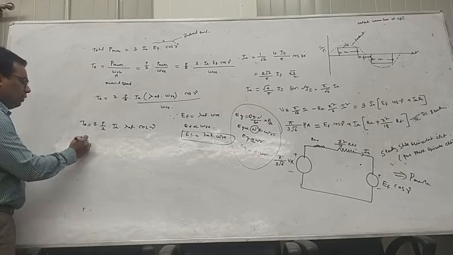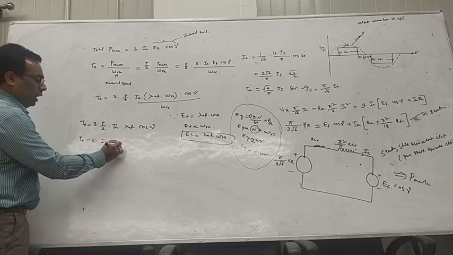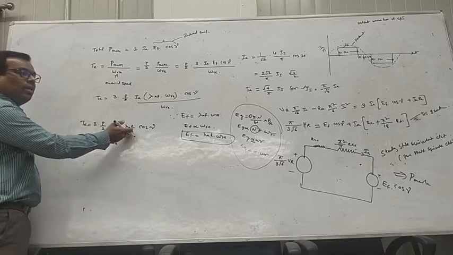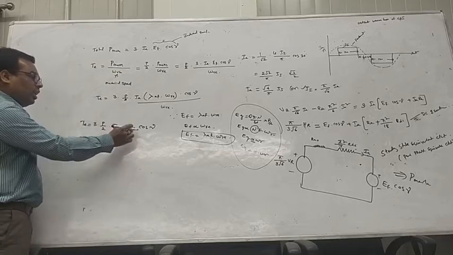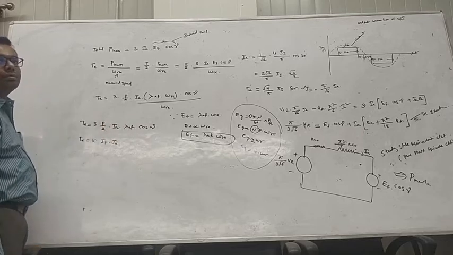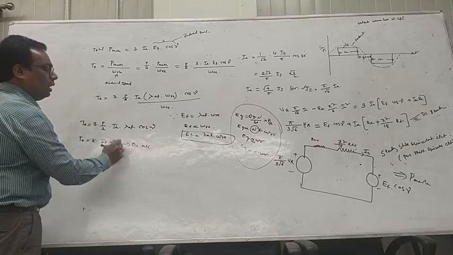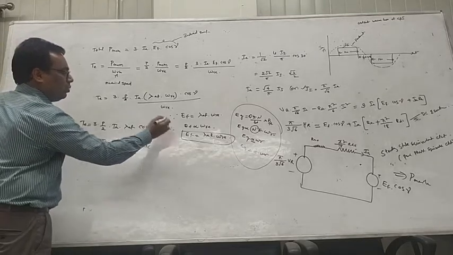The torque equation of a DC motor is some constant K into IF into IA. Here, one is the field component, one is the armature component, and one is the constant term. So this is the DC motor torque equation and this is the synchronous motor torque equation.